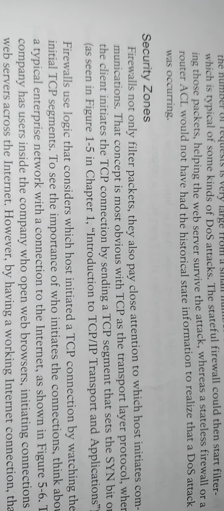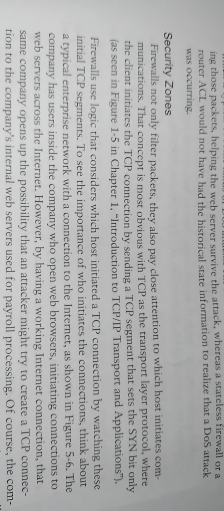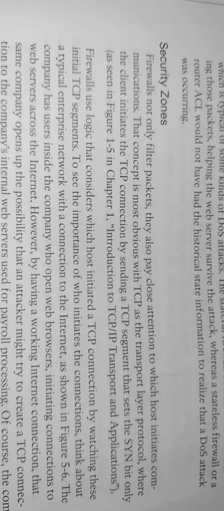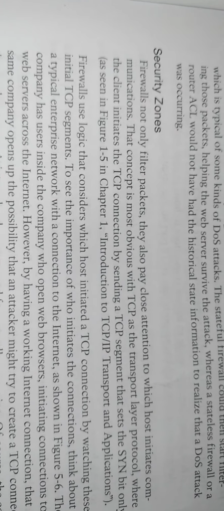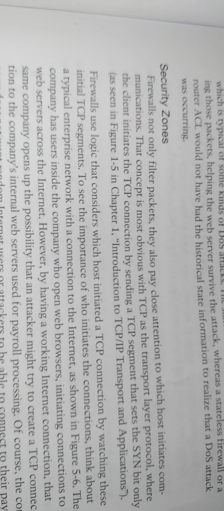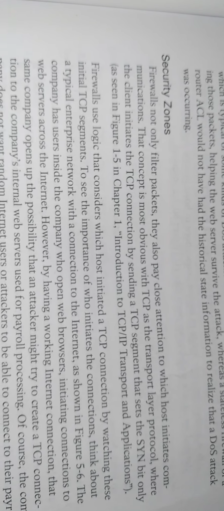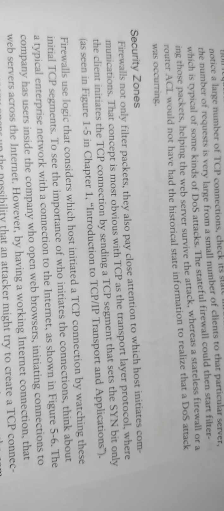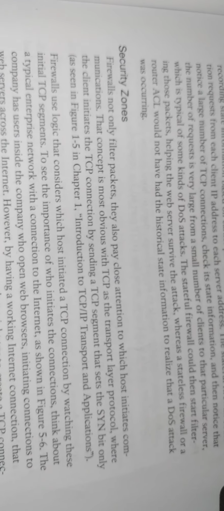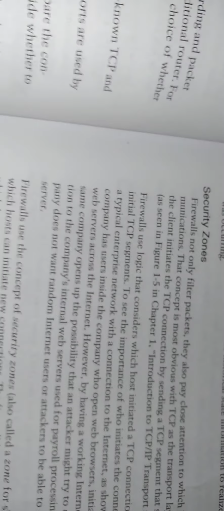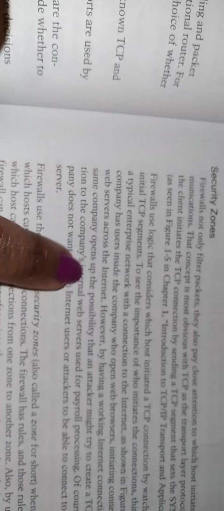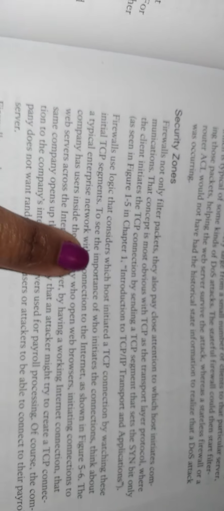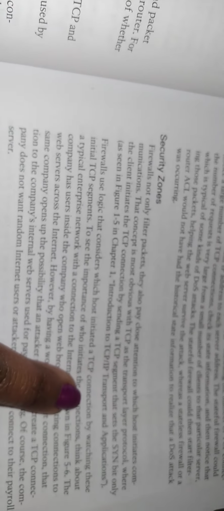That concept is most obvious with TCP as the transport layer protocol, where the client initiates the TCP connection by sending a TCP segment that sets the SYN bit only, as seen in figure 1-5 in chapter 1, Introduction to TCP/IP Transport and Applications. Firewalls use logic that considers which host initiated a TCP connection by watching these initial TCP segments.